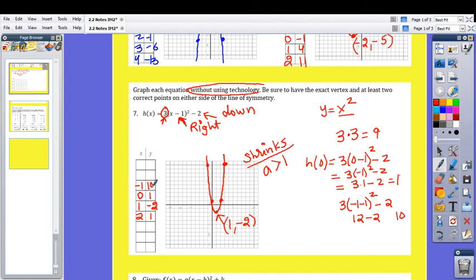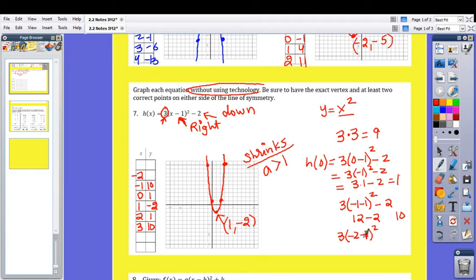So 10 here and 10 here. Okay. And then when it is -2, then we will have 3 times -2, -1, square of that.